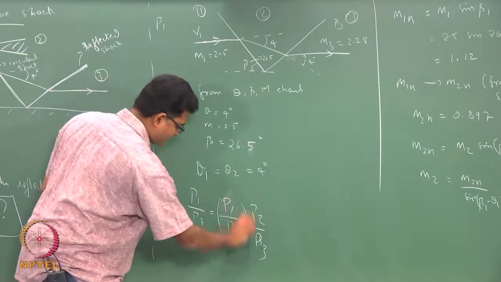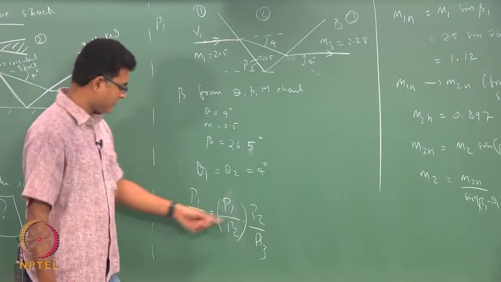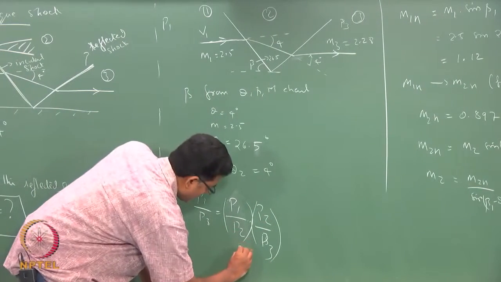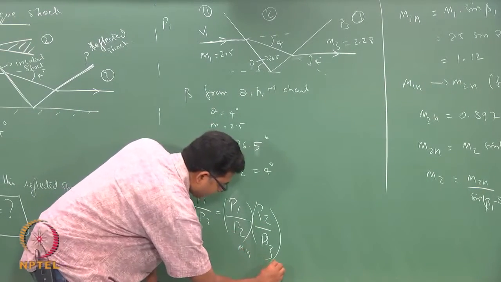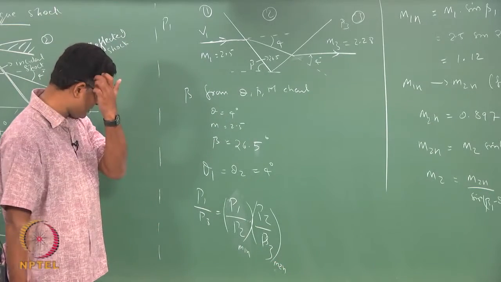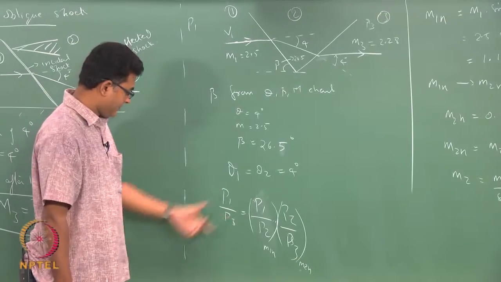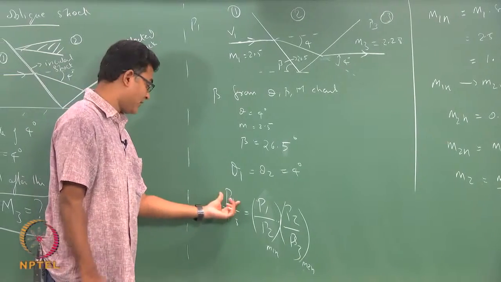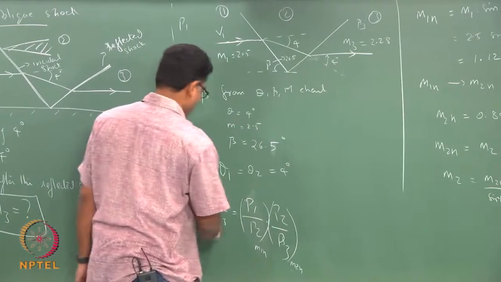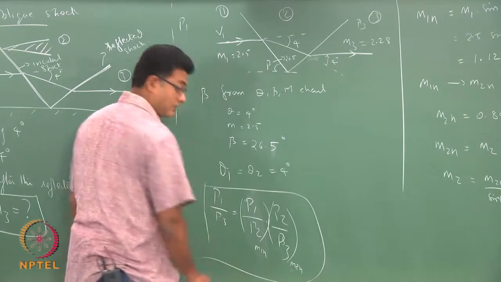So, this is across the first incident shock, and this is across the reflected shock, from M1n and from M2n of the reflected shock. If you know this, then since P1 is given, you can find P3. So, that is this particular problem.